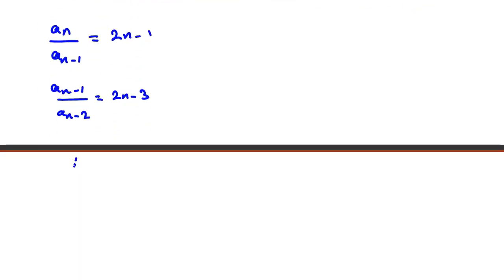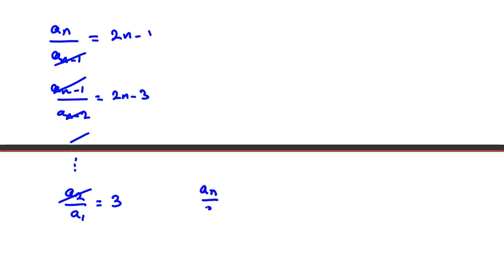Up to a2 over a1, it's 2 times 2, 4 minus 1, 3. So if you multiply all of them, this one will be cancelled, this one with the next numerator, and this one.